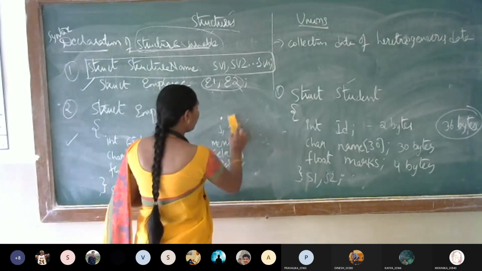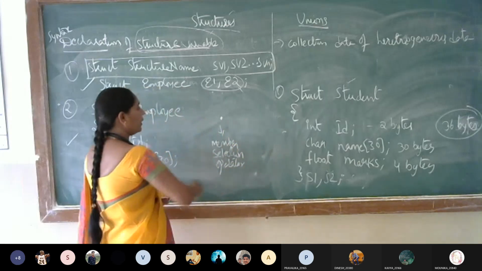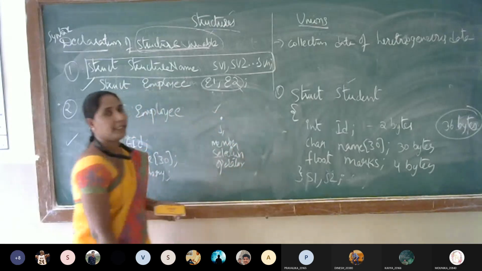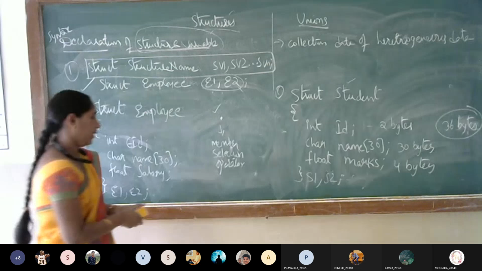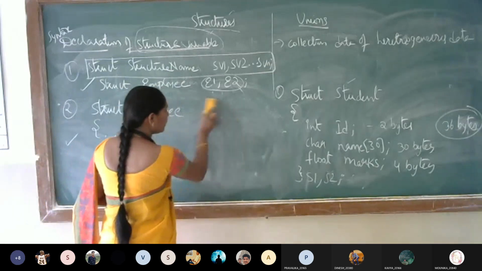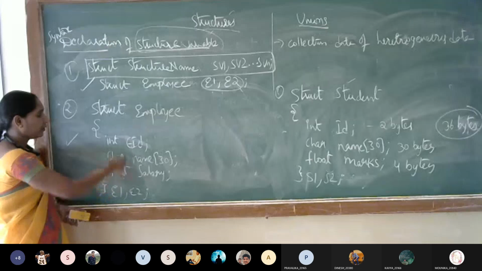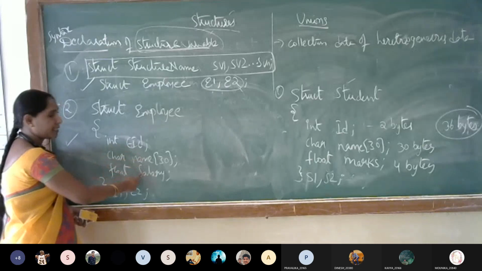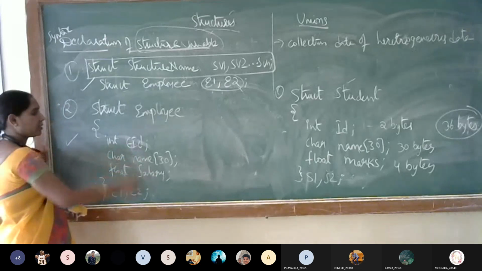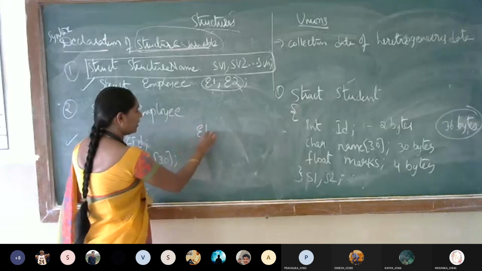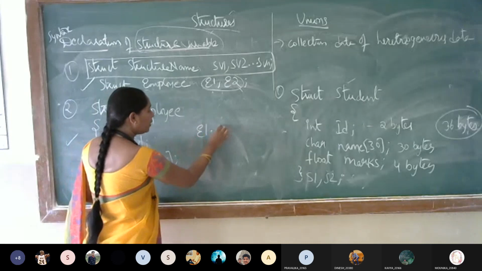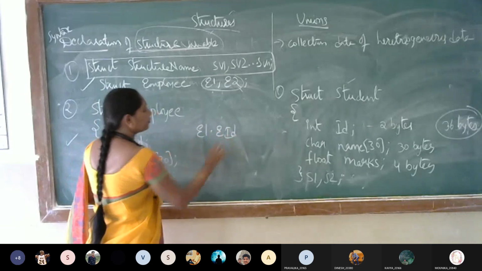So instead of going for that one, we will make use of the member selection operator, that is, the dot operator. How will we access a member? The first employee will be sharing the details of ID, name and salary. To access the first value, I specify E1 dot EID.